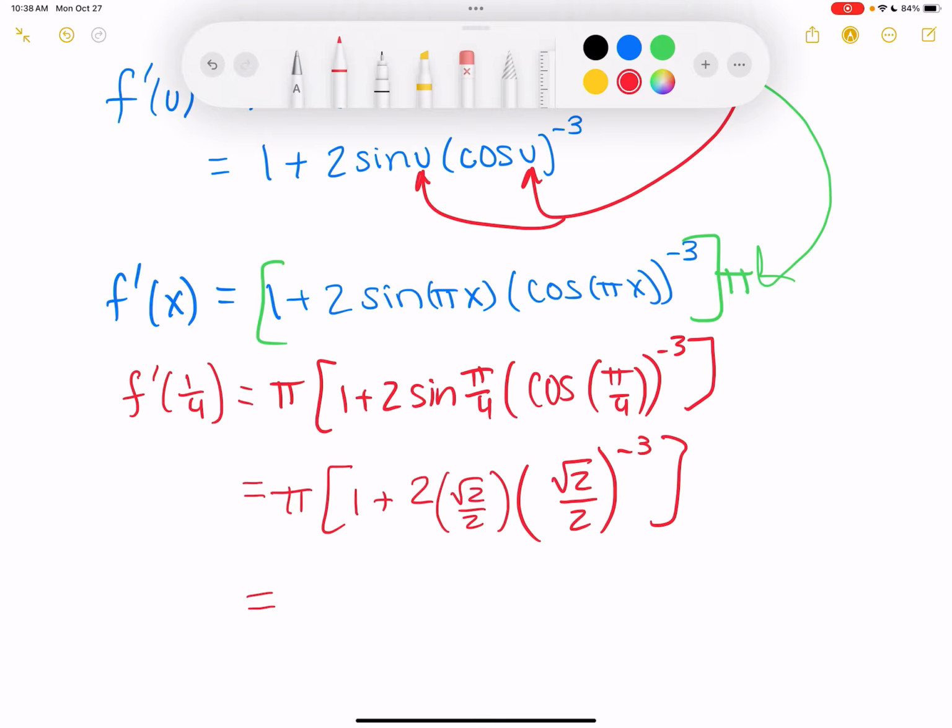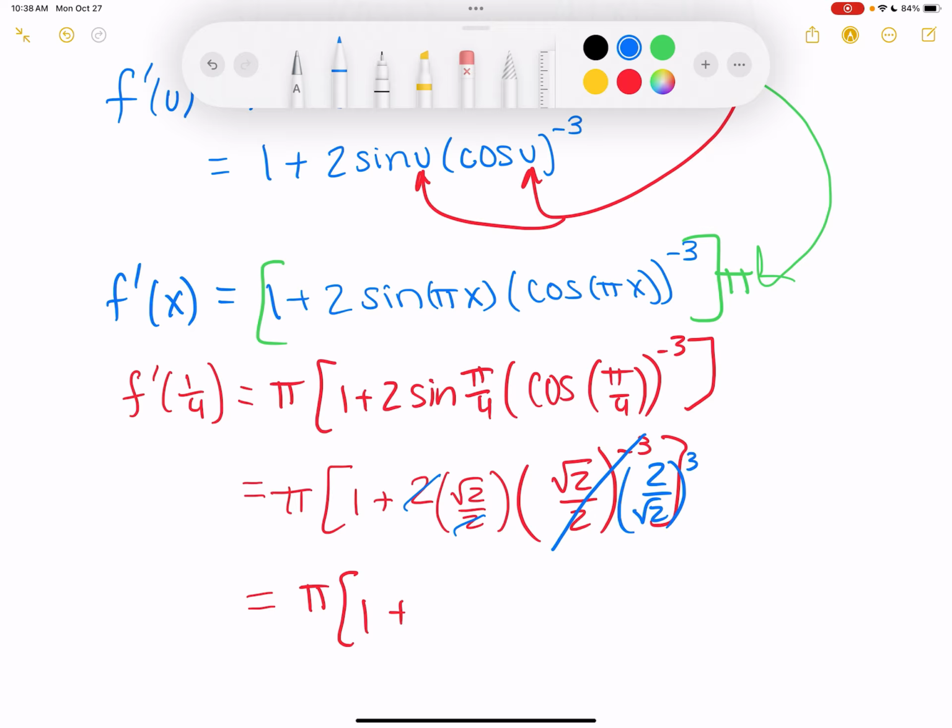So I'm going to end up with pi times 1 plus, the 2's here will cancel. And then if I write this flipped, I'm going to scratch this out and write it flipped: 2 over the square root of 2, cubed.